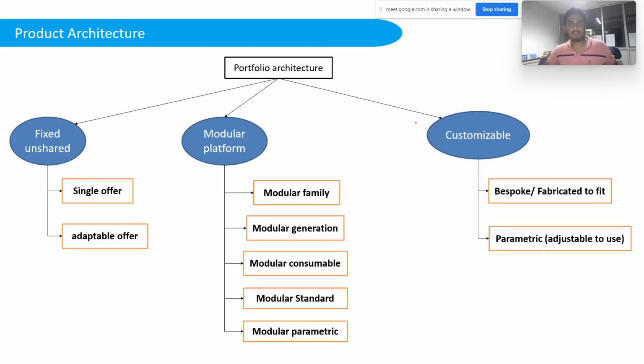Okay, so in the product portfolio, there are three different types of product architectures. One is fixed unshared product architectures, which basically do not have any variation in the product lineup.